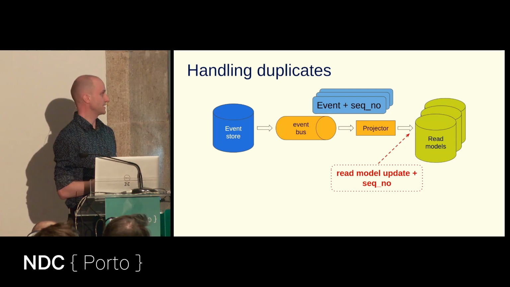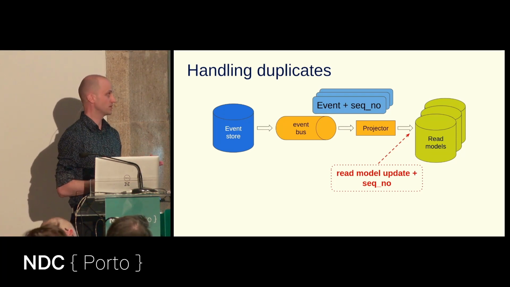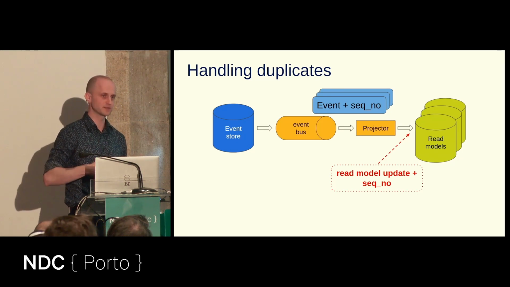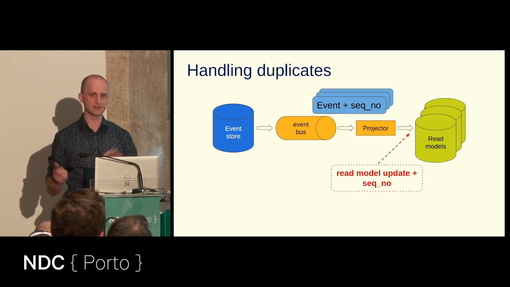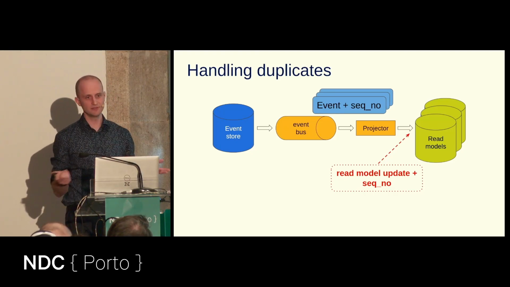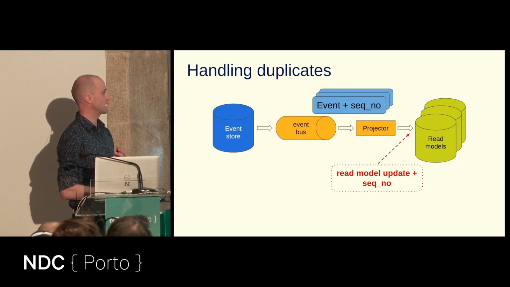You can do this by tracking a sequence number. If the sequence number is +1, then I can process it. If it's +0 or -1, this is a duplicate, and I need to skip it. If it's +2 or more, the only thing the projector can do is throw a very nasty exception, because we have a gap in our event bus and the problem is on the producer side.